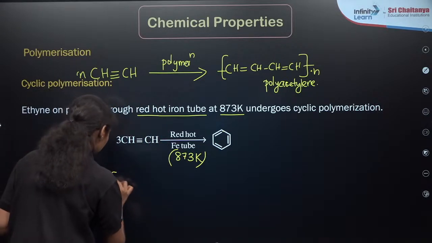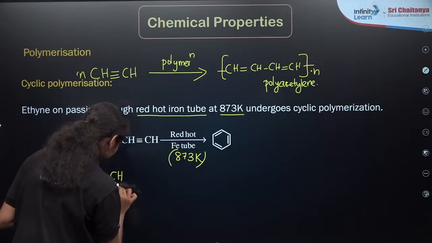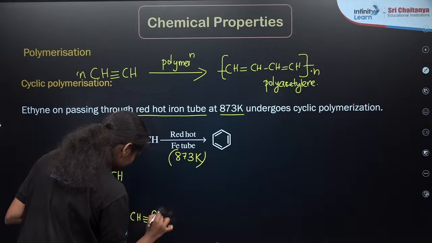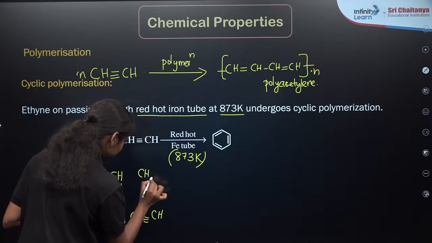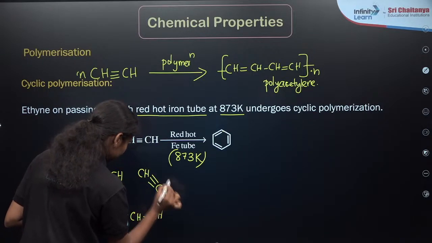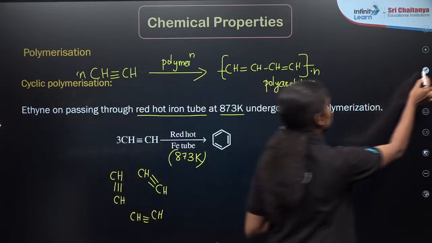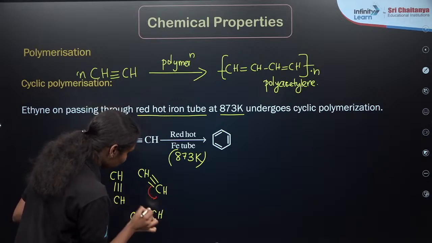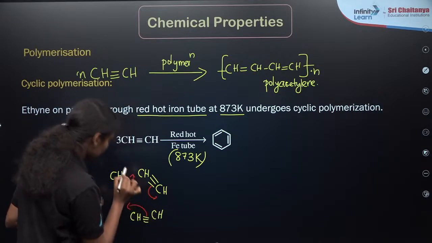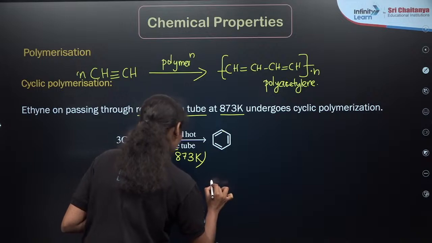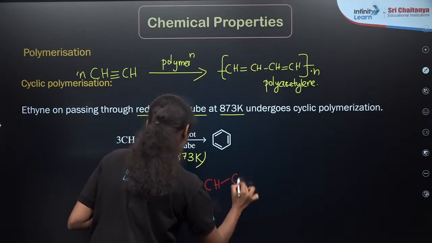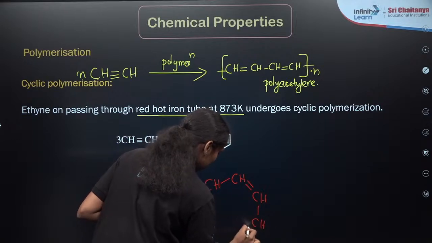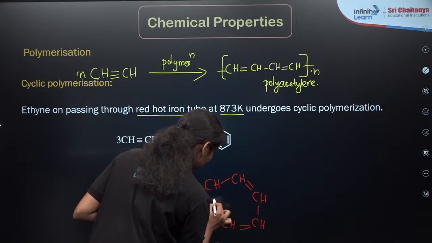For example, if I am taking CH triple bond CH like this. What you are observing here, one of the bonds will come here and then here, then it will come here like that. Then it forms CH single bond CH double bond CH single bond CH double bond CH single bond.